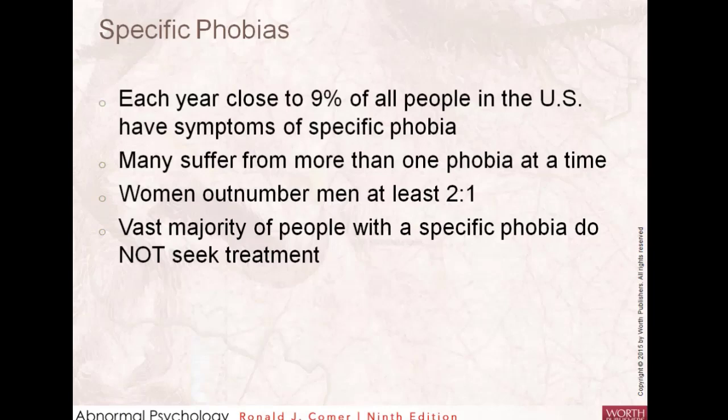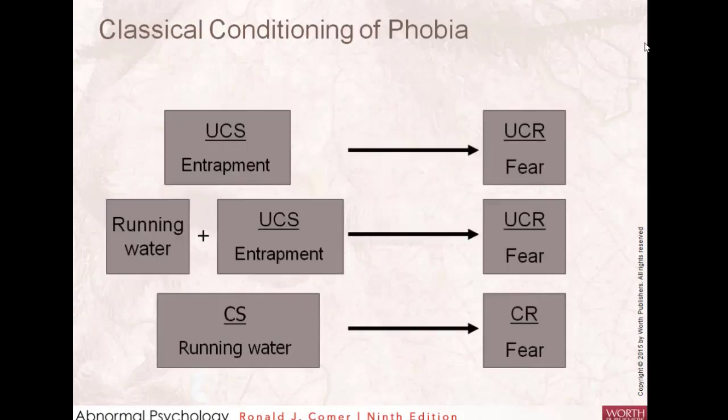They tend to be more common in women. When we're talking about specific phobias, women outnumber men at least 2 to 1. Now, is that because women actually have more phobias than men? Maybe. Or it could be because women are more likely to be diagnosed. The vast majority of people with specific phobia do not seek treatment. Maybe it's because they've heard about the kinds of treatments we use. So we're going to get there in a second.